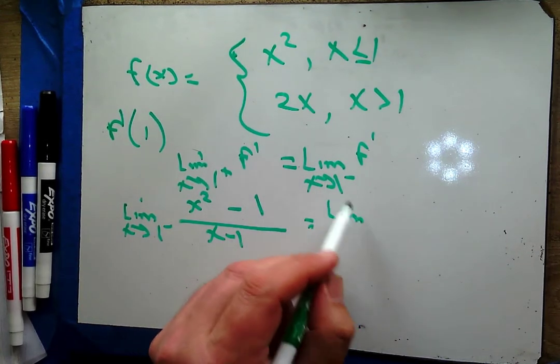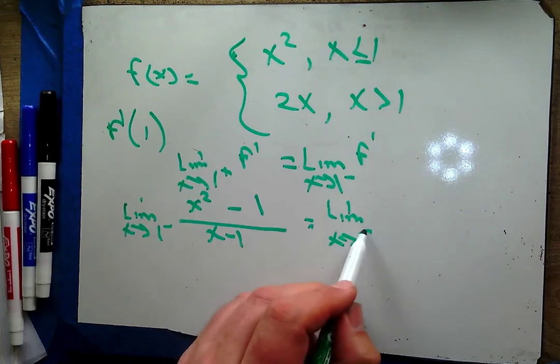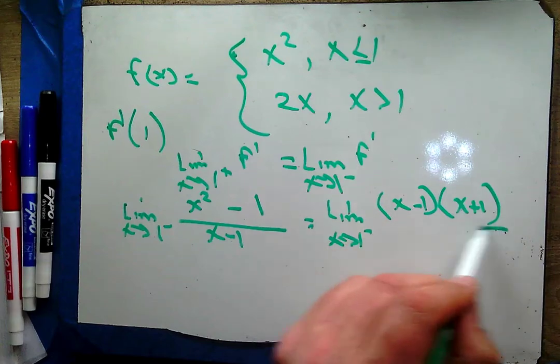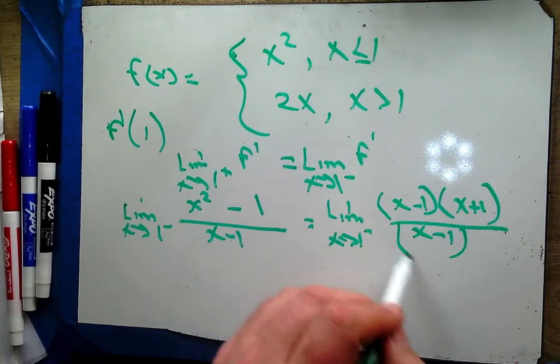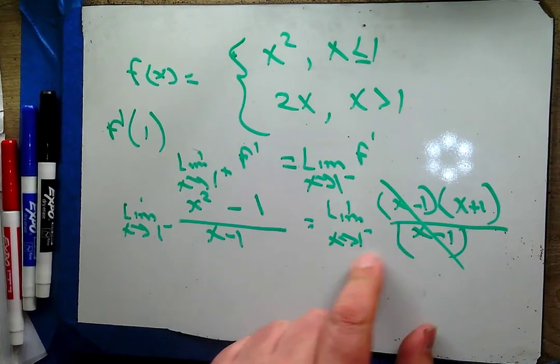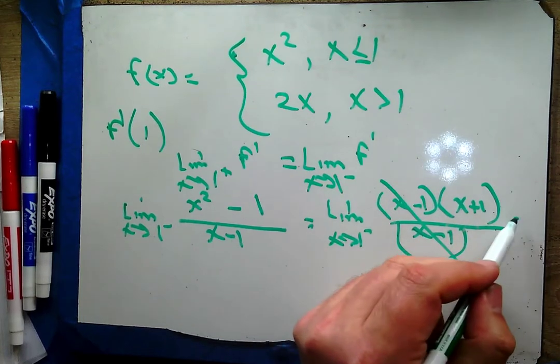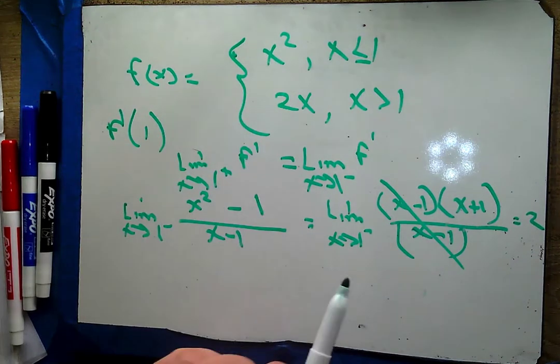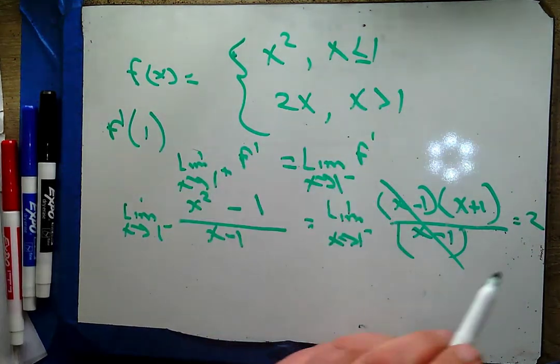And so that's going to be the limit as x approaches 1 from the negative side of (x minus 1)(x plus 1) over x minus 1. And once these cancel, I can plug my 1 in, and I get a value of 2. Okay? So I know the slope on this side approaching 1 is 2.